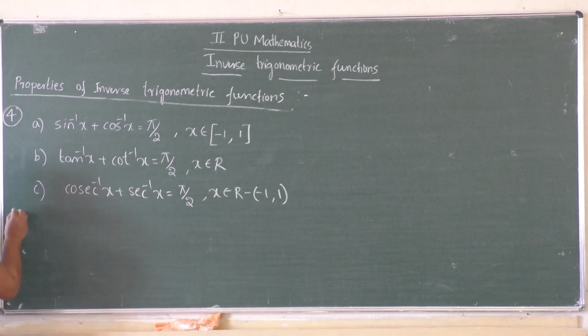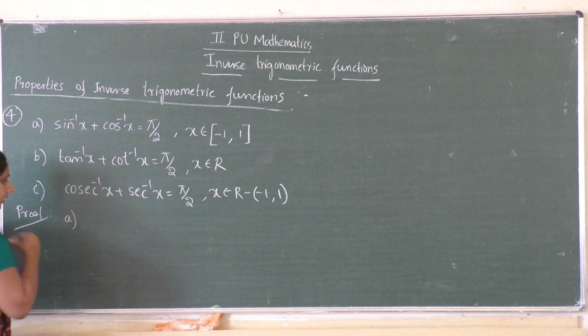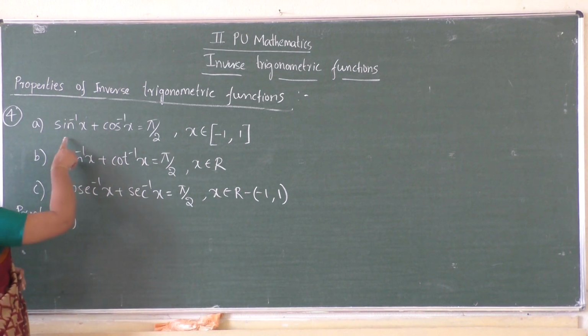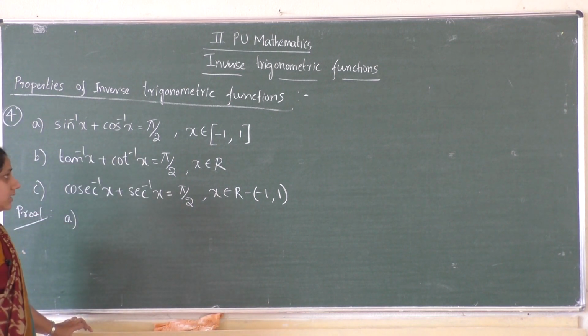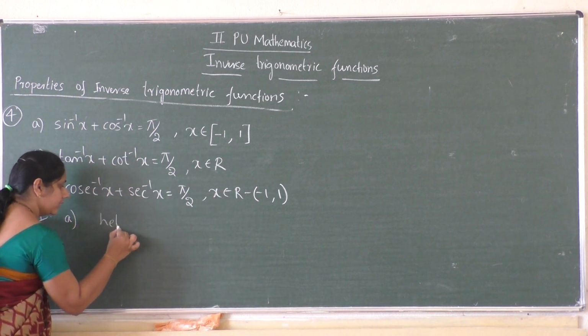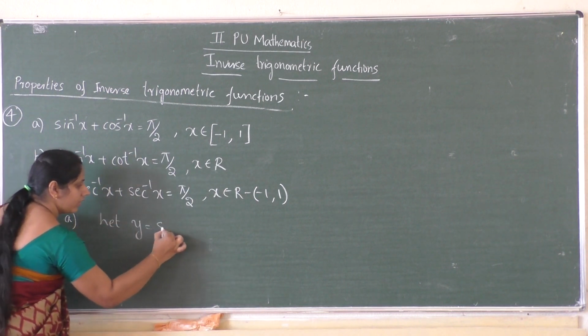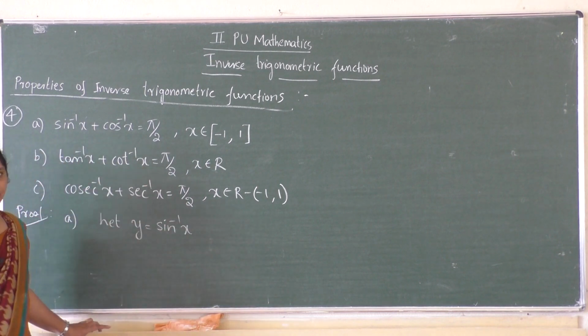Now we will prove the fourth set of properties. That is, first one, what we have to prove? Sin inverse x plus cos inverse x equal to pi by 2. So I will consider, let y equal to sin inverse x.